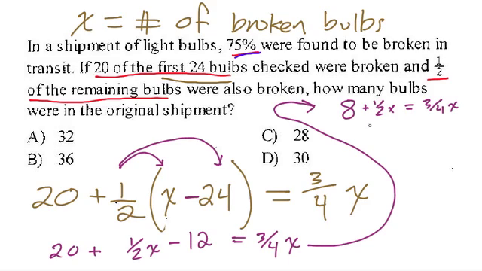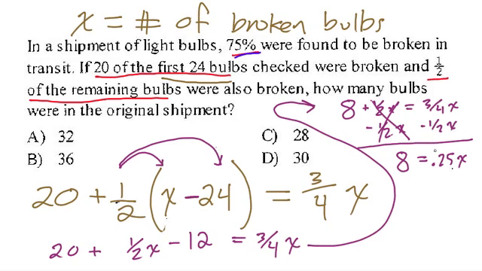Now I subtract 1/2 x from both sides. If I think of fourths and halves in terms of decimals, that means 0.75 for 3/4 minus 0.5 for a half, which is 0.25x. Over here, a half x minus a half x is 0, and what's left is 8. So 0.25 times what gives me 8?